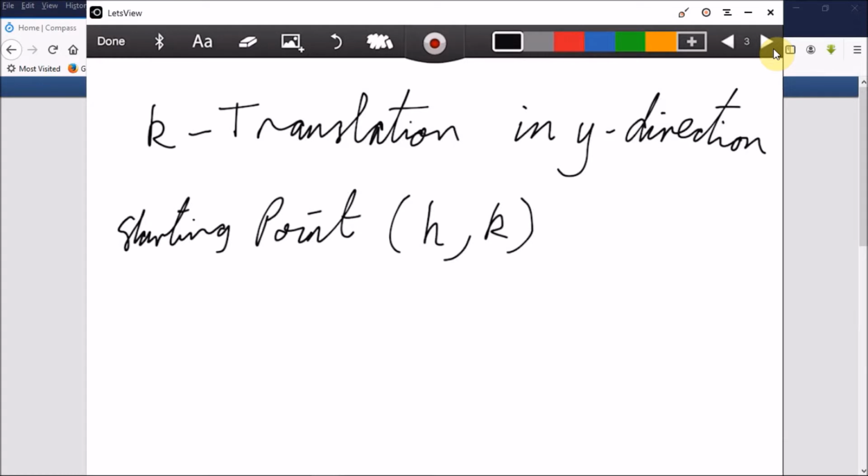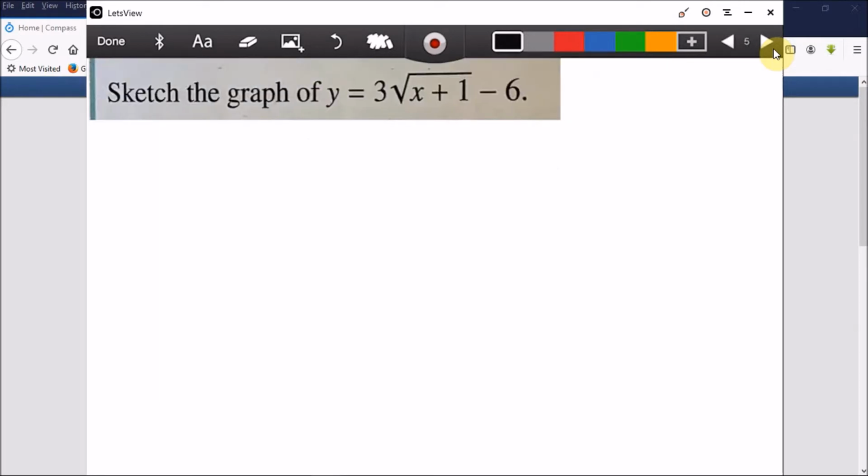All right, so let's have a look at an example. Here we go. Sketch the graph of 3 outside of the square root of x plus 1 minus 6. So our key thing is to see where our starting point is.